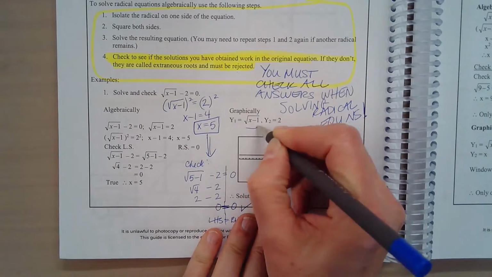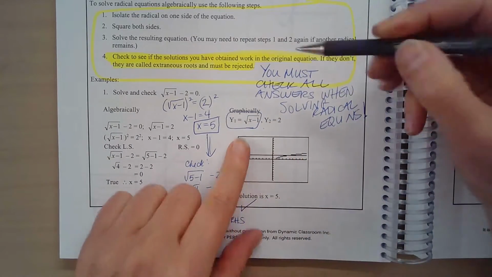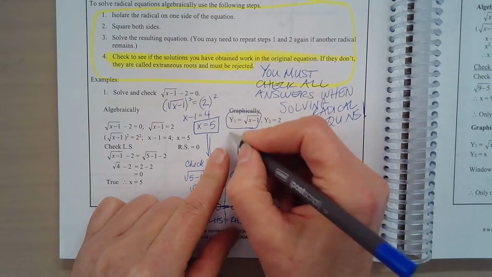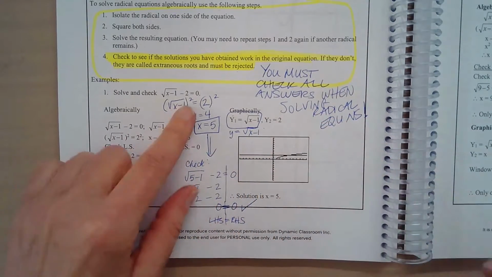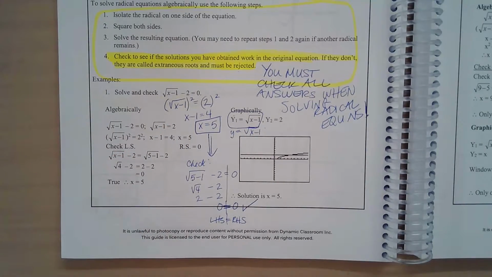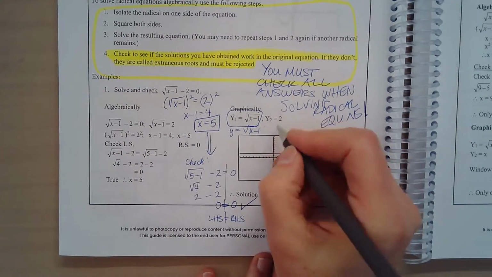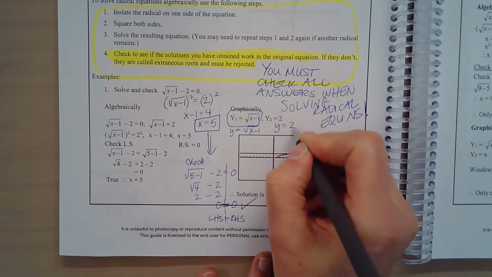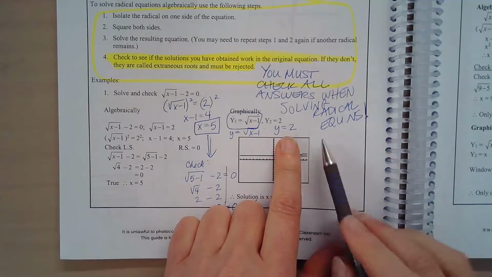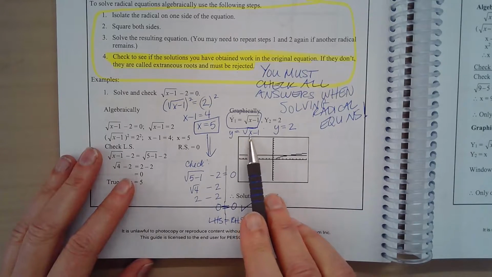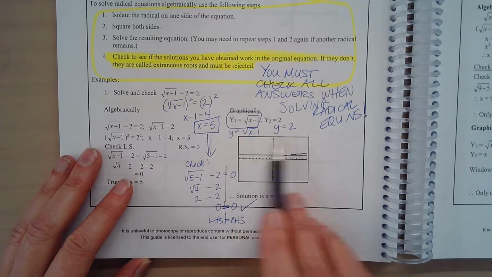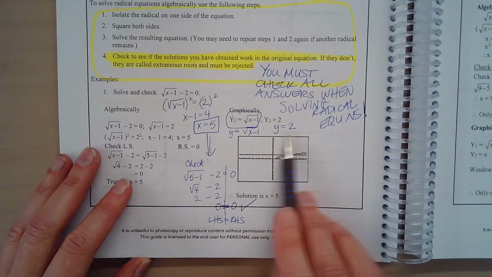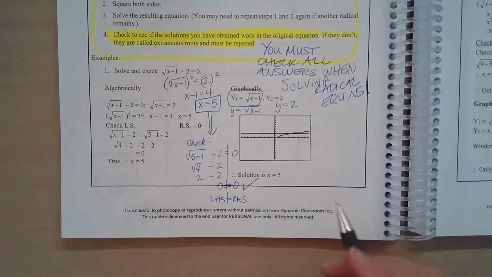So I'd have one graph, y equals root of x minus 1. And then on the right-hand side, because for an equation you always have to think that you're given a left and a right, the right-hand side of your equation is another statement, y equals 2. I'm trying to determine if the left-hand side ever equals the right-hand side, and if they do, where is that special value? So this is what happens.